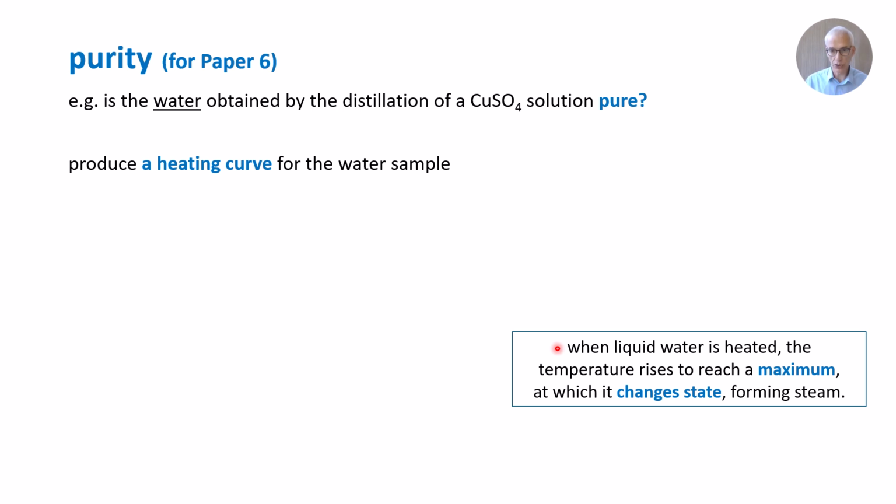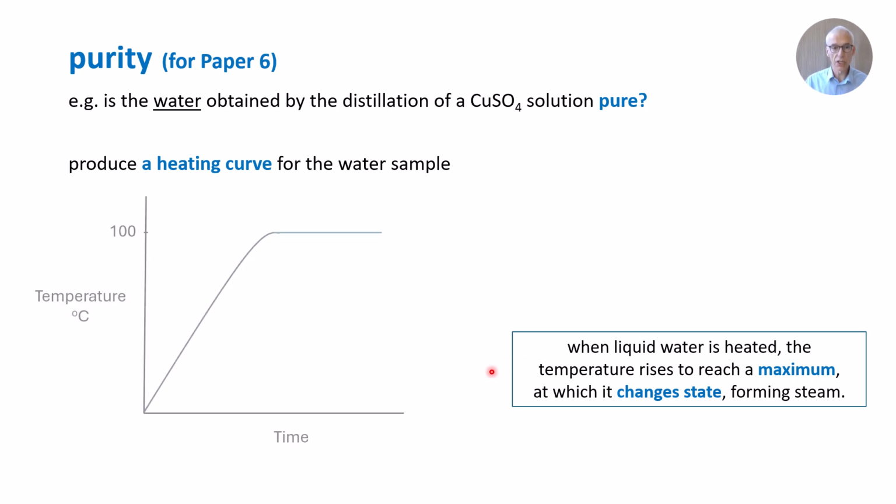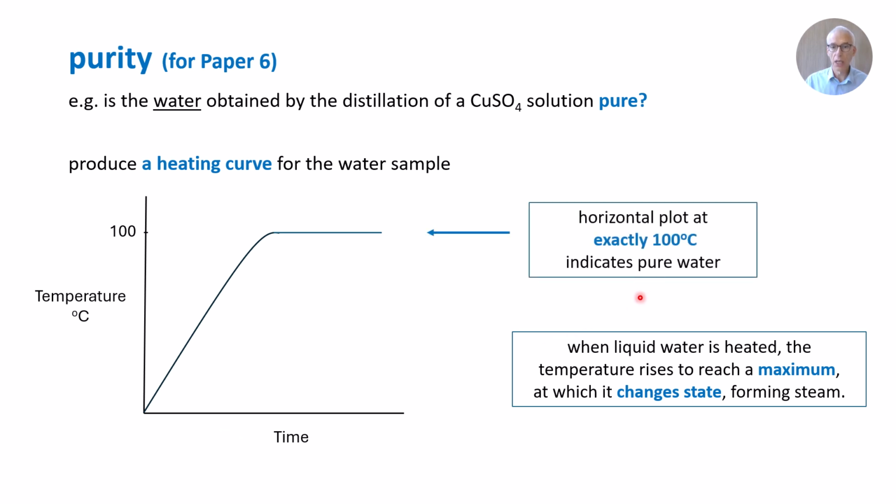In this case, water forms steam. So we get a plot something like this. The horizontal section corresponds to the boiling point, and if it is at exactly 100 degrees Celsius and we have a perfectly horizontal plot, that indicates that the liquid is pure water.